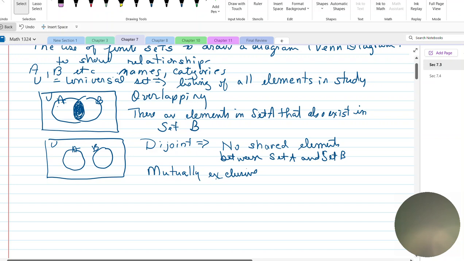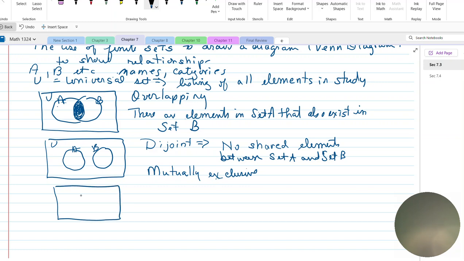So, and this is dependent. And this is a dependent system.